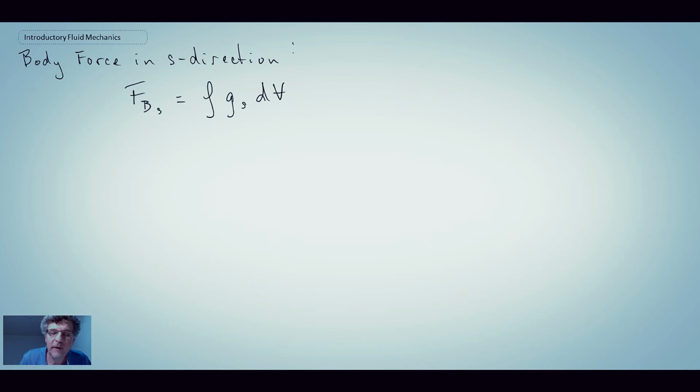So what we have here is the component of gravity acting in the direction of the streamline. Through trigonometry, if we draw our gravity vector acting in that direction, and we want to evaluate the component of gravity along the streamline, we use trigonometry here.